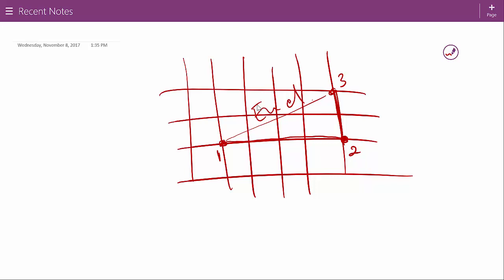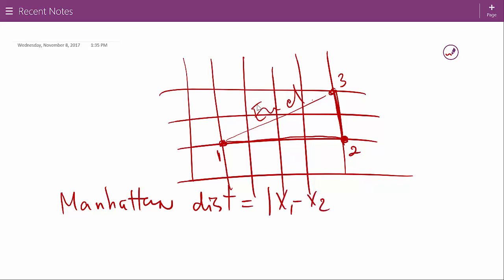As opposed to Euclidean distance, Manhattan distance is like this. Between 2 points, I have to take the absolute value of x1 minus x2, essentially this horizontal piece, which I called A, plus the absolute value of y1 minus y2, essentially this distance, which I called B in the previous one.